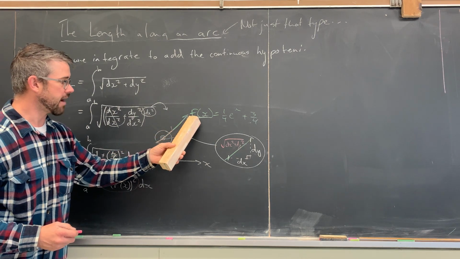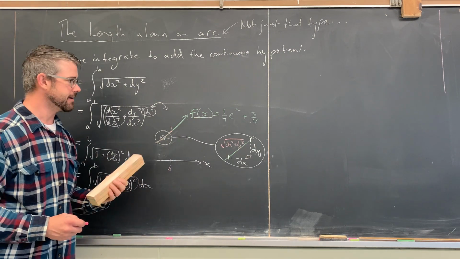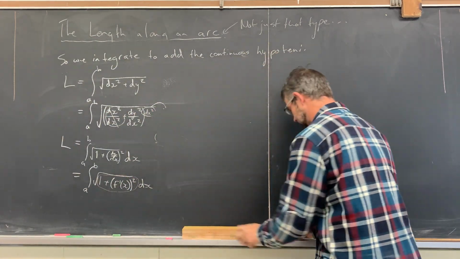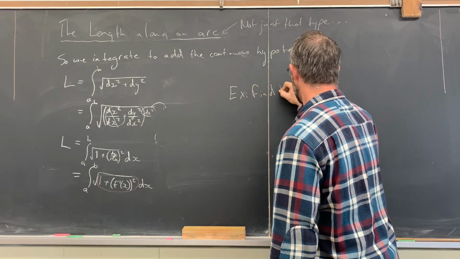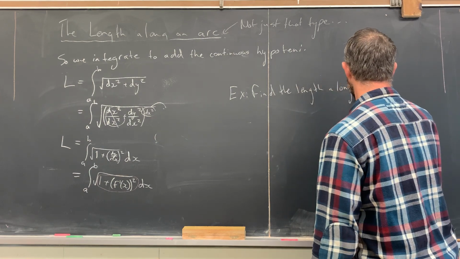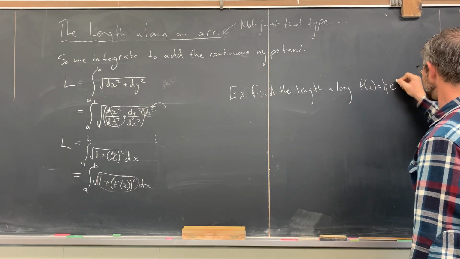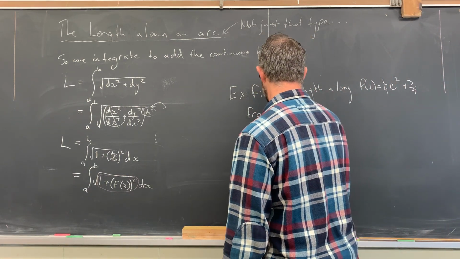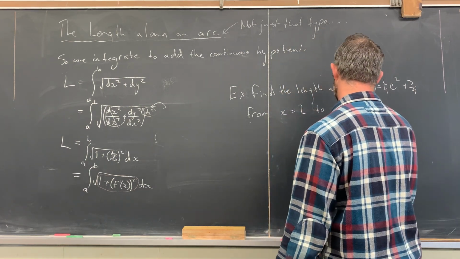Now, we have a function that we used to derive this original picture, and we had arbitrary values a and b. Let's pick some values for our arbitrary values in our example here. So, example. Find the length along f of x equals, I believe it was, 1/4 e to the x plus 3/4, from, and let's just go with x equals 2 to x equals 10.